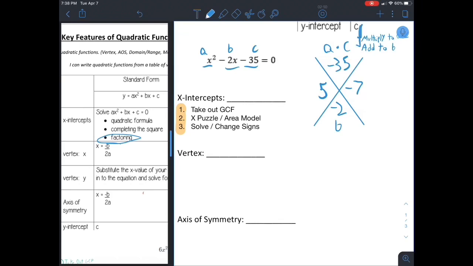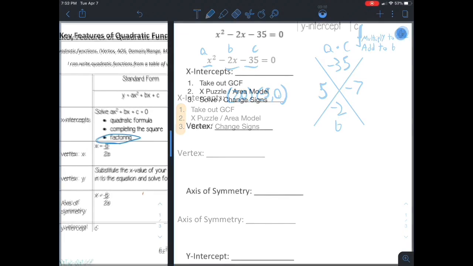So both of them work. So now that we've completed our X puzzle, we move on to step 3, which is to solve. This is going to change the signs. So I can go ahead and write my answer because I know that we're just going to change the signs and that my x-intercepts are positive 7 and negative 5.